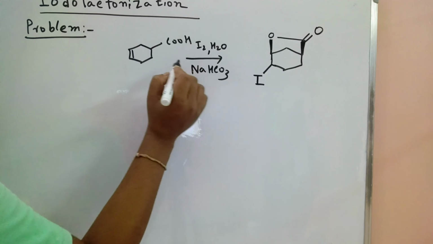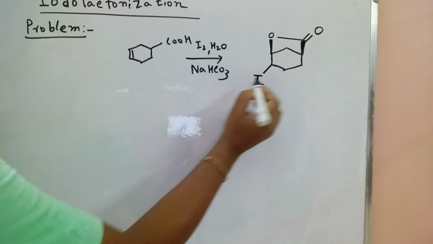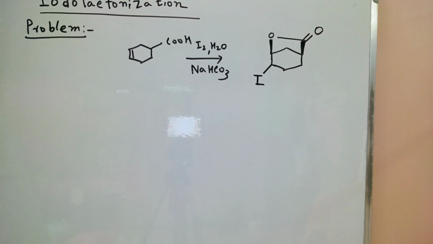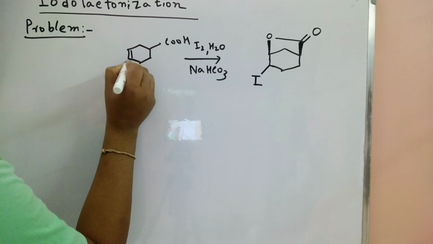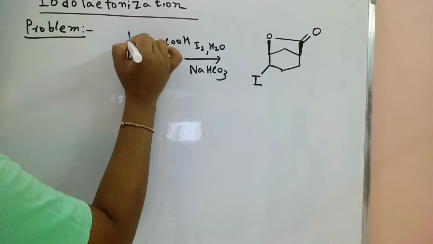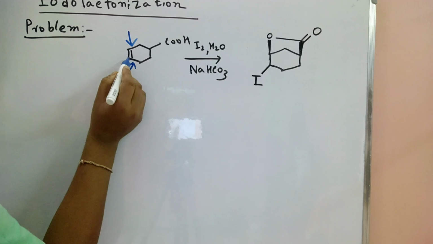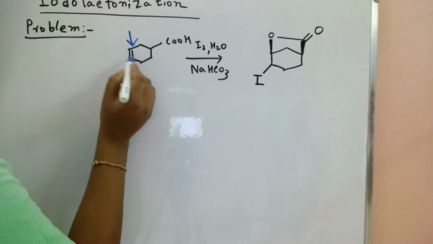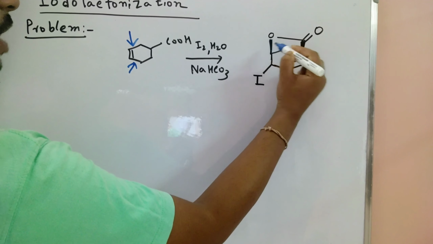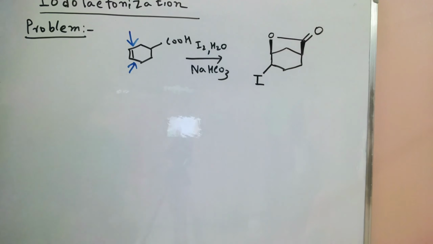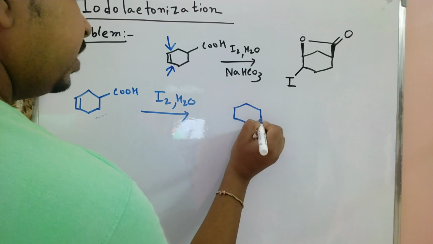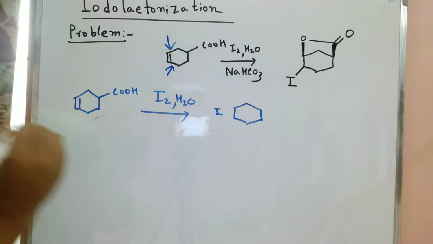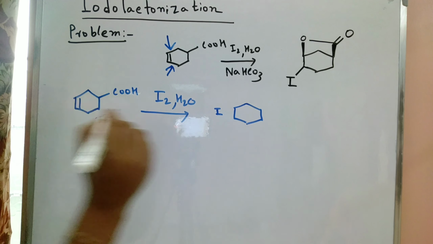One of the important problems is here, in the presence of iodine and H2O, and formation of the product, but one thing is very important. In that case this bond is in the cis direction, cis. So when we follow here, these two double bonds are not in trans orientation, so in the formation of the product only two bonds are up. So how to discuss, we also discuss how to form the product. First step, in the presence of iodine and water, formation of the iodonium ion.